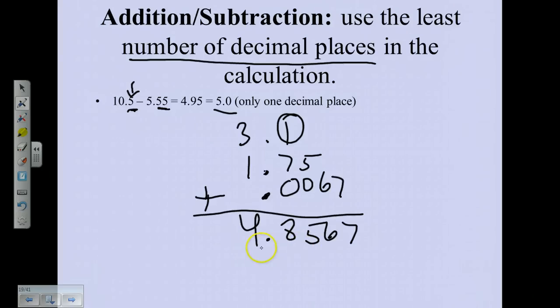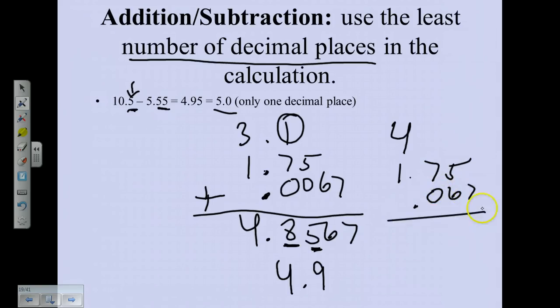So our answer is going to go only to here, but we need to look here for rounding. So our answer is going to be 4.9. Alright, if we have no decimal places, if we had something like 4, and we had 1.75, and we had 0.067, once again, the answer is 7, 11. Our answer is only going to go to the ones place. We have to look to the tenths to round up. So our answer is going to be 6.